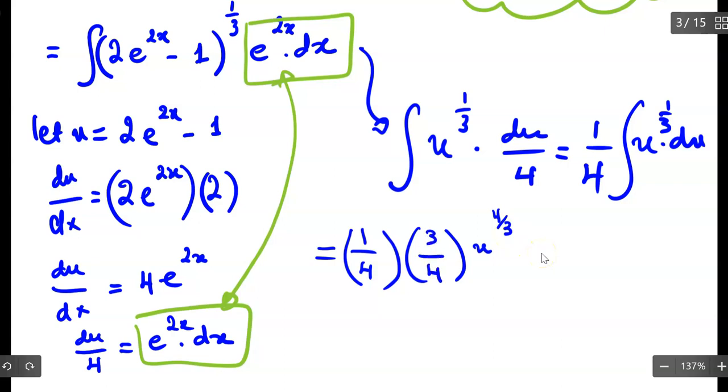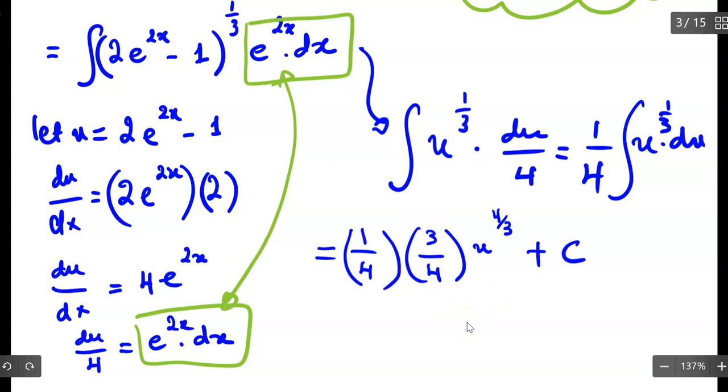Okay, I'm sorry, I just read the wrong fraction here. So 1/3 plus 1 is 4 over 3. Divided by 4 over 3, it means you multiply by 3 over 4.